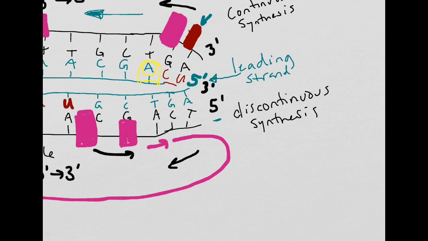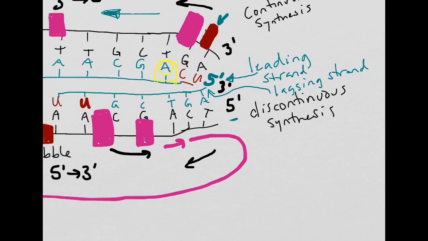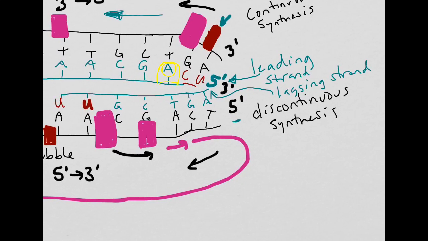And this strand, because it's going to be slower to produce, since DNA has to jump off and start again, that's going to be called the lagging strand. The daughter strand that is built in this direction, in this way, is called the lagging strand.